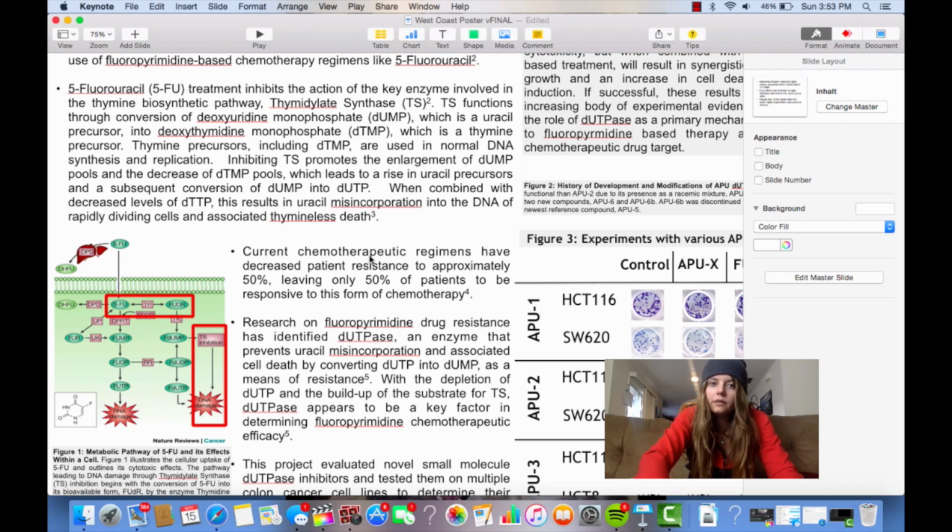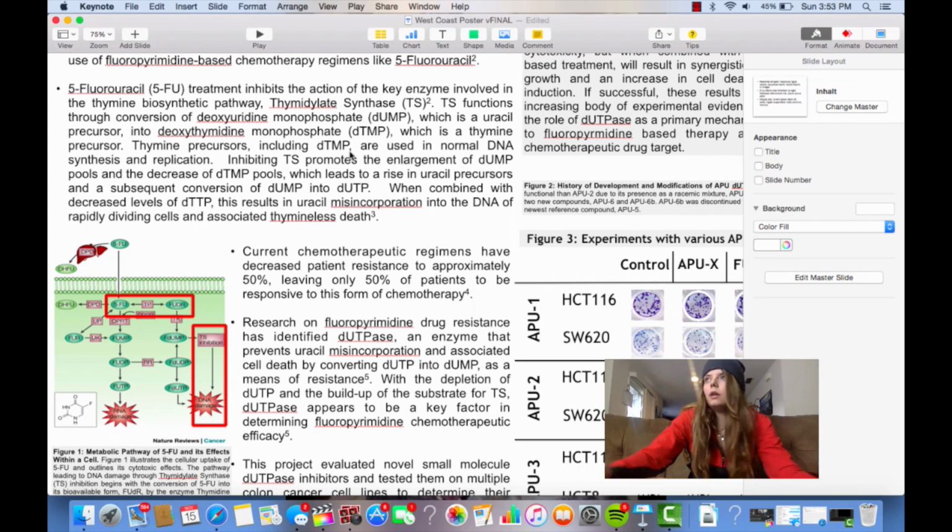And again, that's because this is breaking down uracil into this dUMP. As soon as the drug that we're using to inhibit the thymidylate synthase wears off, dUMP is going to hop right back into thymidylate synthase and make thymine again, and your cancer cells are going to be fine.